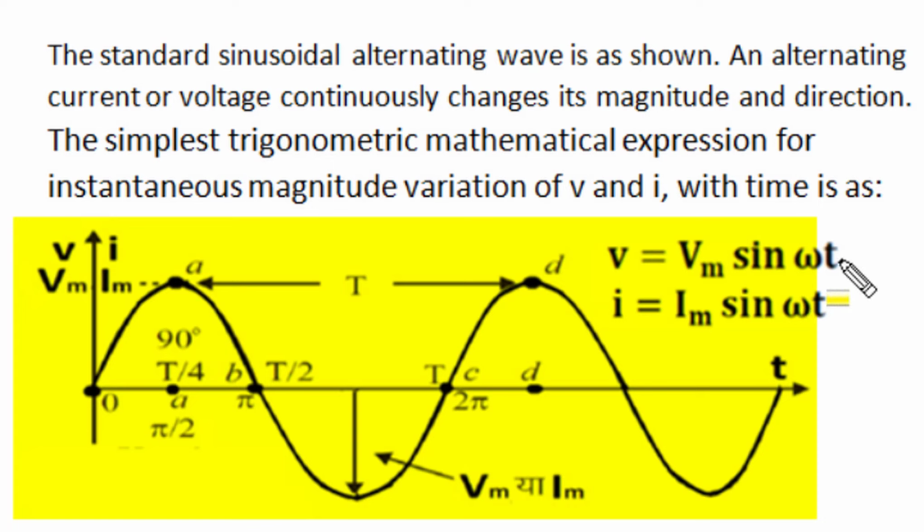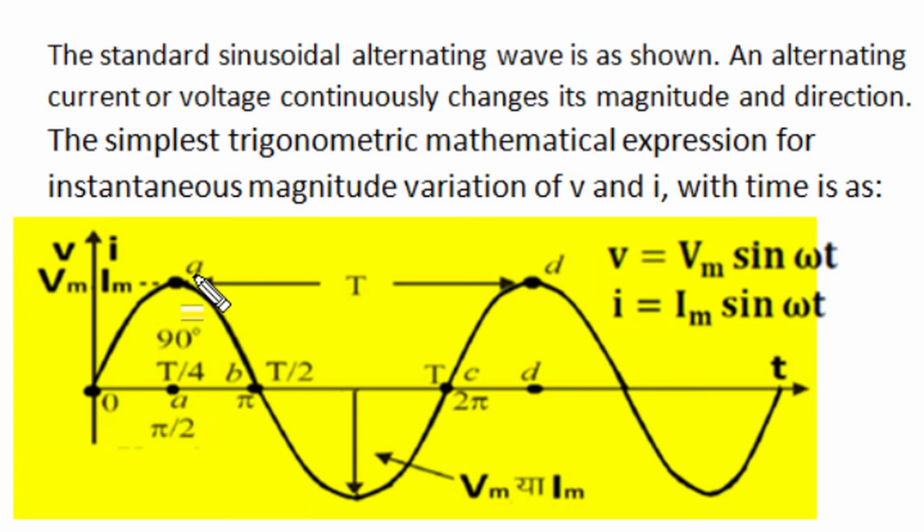When omega is multiplied with time, it becomes an angle measure called argument, and as time changes, omega t changes, trigonometric value of sin omega t also changes, and sin omega t when multiplied with amplitude will give us instantaneous value of voltage and current. This instantaneous value increases in positive direction initially at a faster rate, then the rate of increase gradually decreases and it attains positive peak.